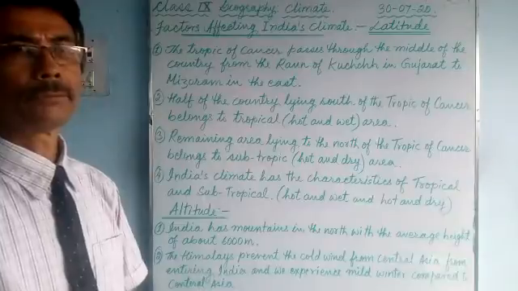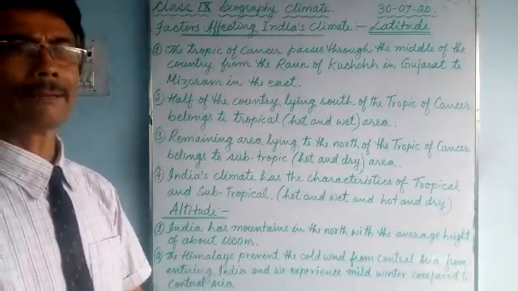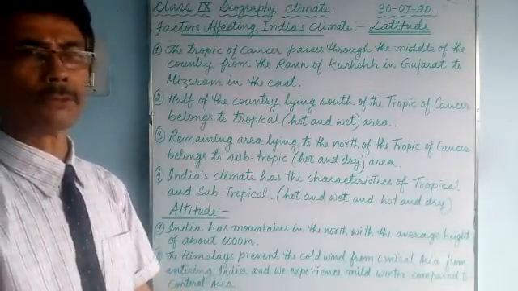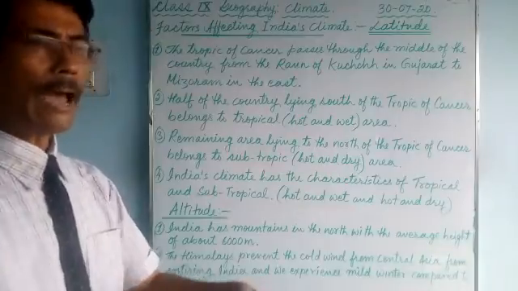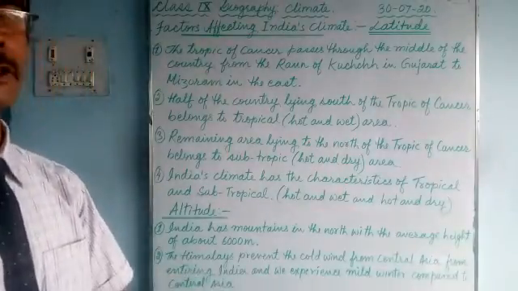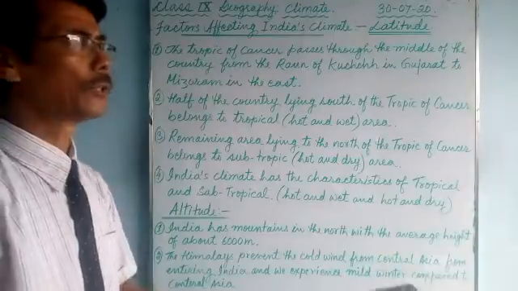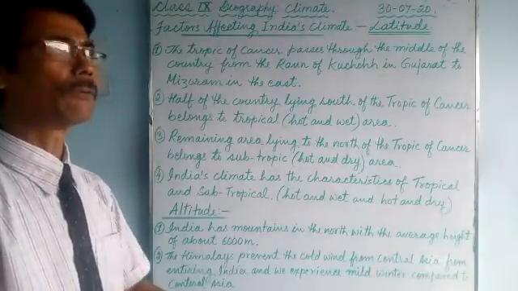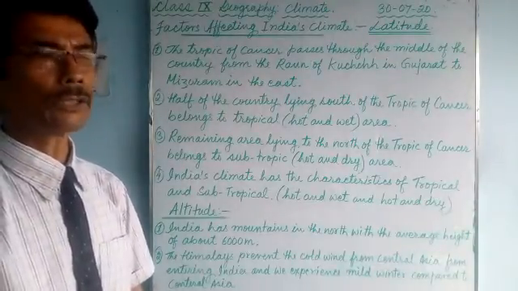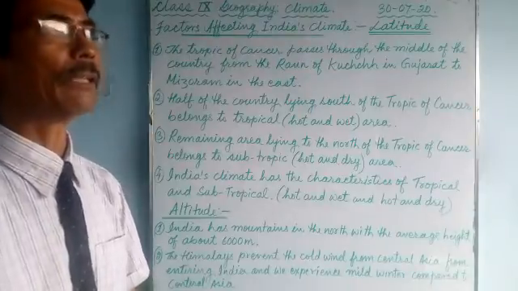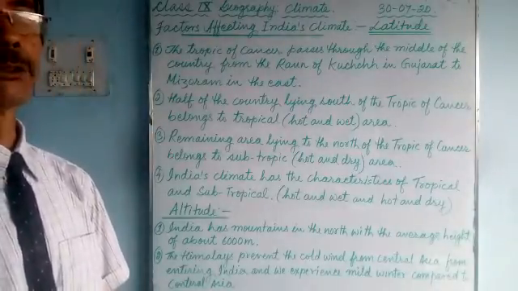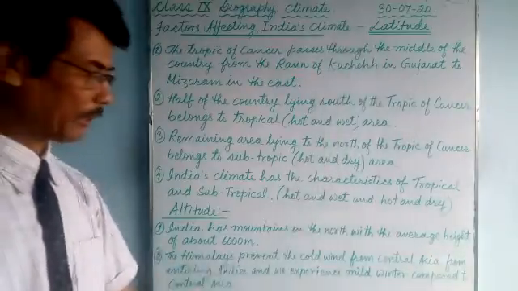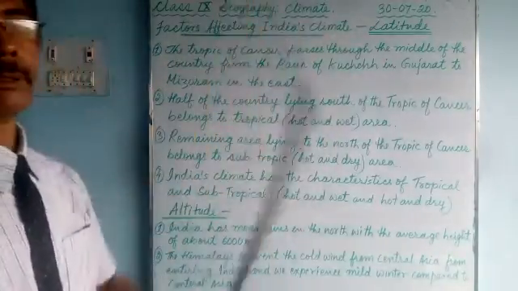Some mountains are more than that, 8,000 meters, some are 5,000 or 4,000 meters. You know what average means, you have learned in mathematics. 6,000 meters means 6 kilometers from sea level upward.